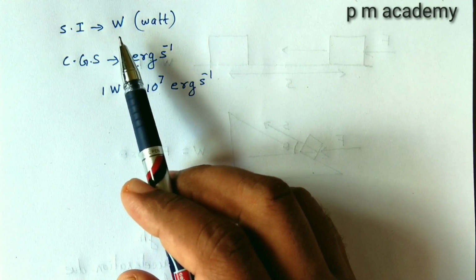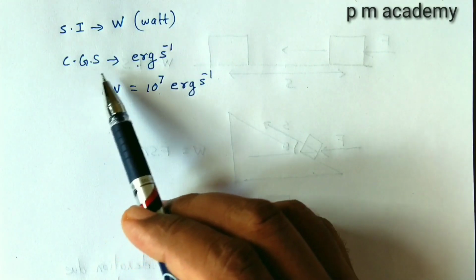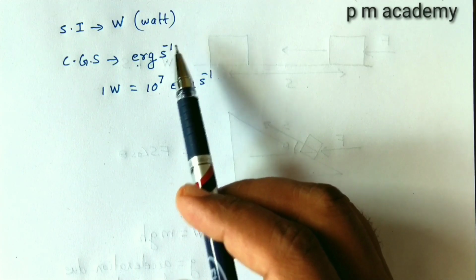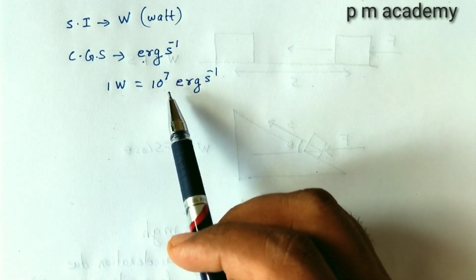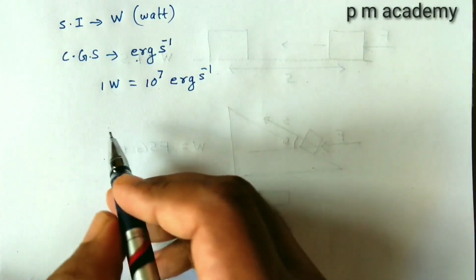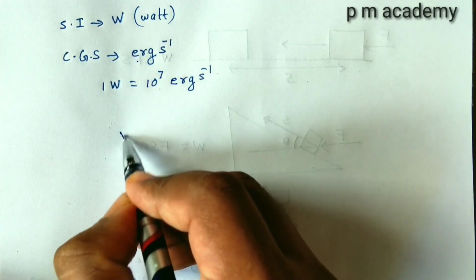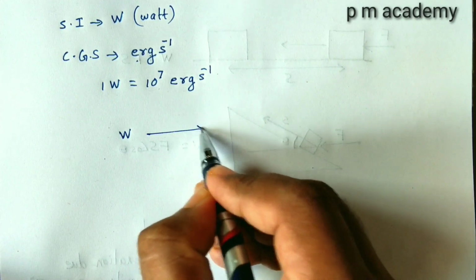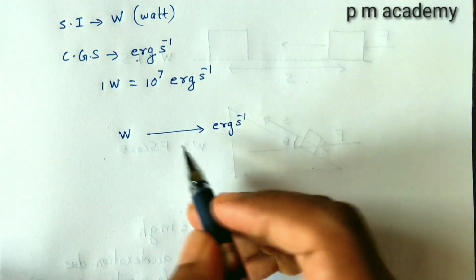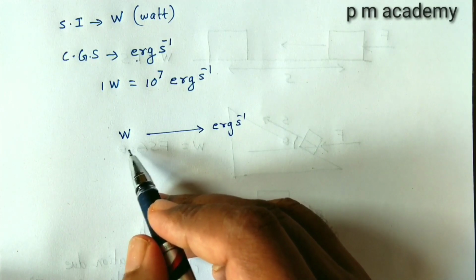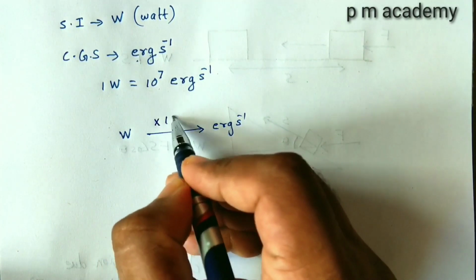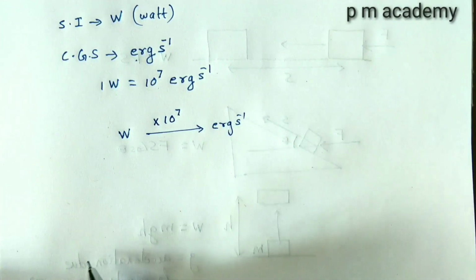SI unit of power is watt. CGS unit of power is erg s raised to minus 1. 1 watt is equal to 10 raised to 7 erg per second. That means to convert SI unit of power watt into CGS unit of power erg second raised to minus 1, you have to multiply with 10 raised to 7.